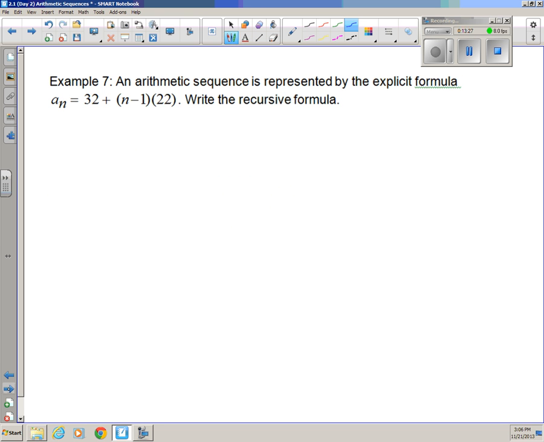Example 7. They tell you that the arithmetic sequence is represented by the explicit formula here. What's the recursive formula? So the recursive formula is a sub n equals a sub n minus 1 plus your common difference. So then I can say, all right, let's see, what do we have here? This must be the common difference.